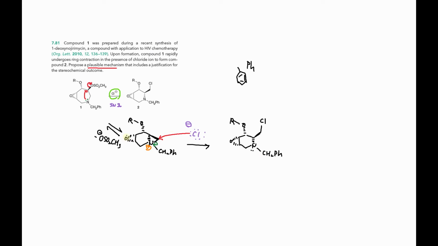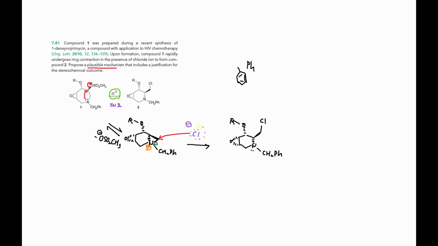So in other words, we have two SN2 reactions that form compound 2. The first SN2 is an intramolecular reaction, in which the lone pair on the nitrogen attacks the alpha carbon that bears the leaving group.